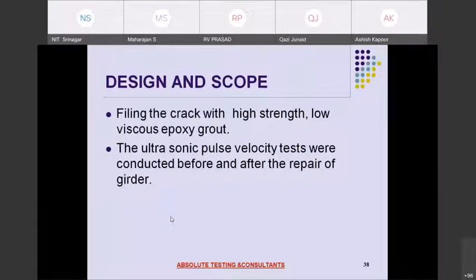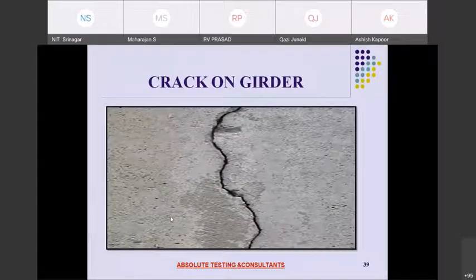So what did we have to do over there? The design and scope was filling the crack with high strength low viscosity epoxy grout, and ultrasonic pulse velocity tests were conducted before and after the repair of the girder, so that we could compare the condition of the girder before the repair and after repair.